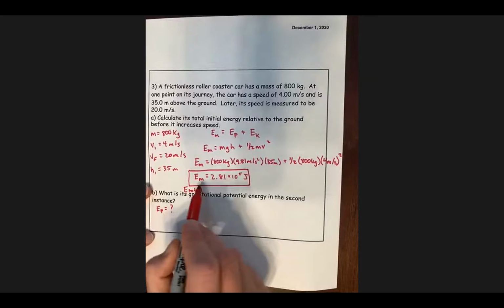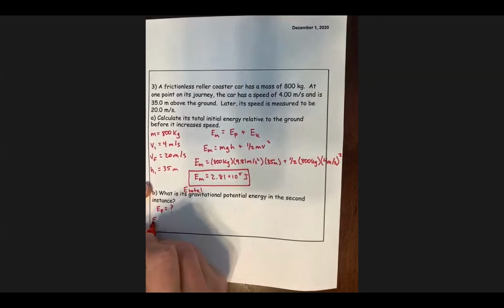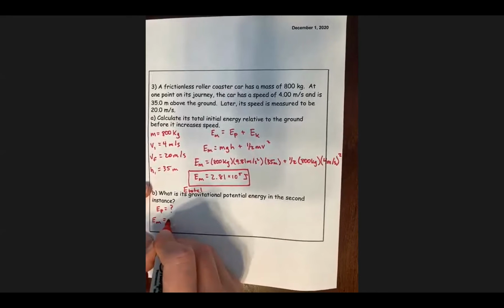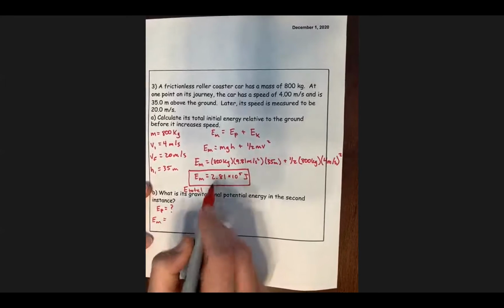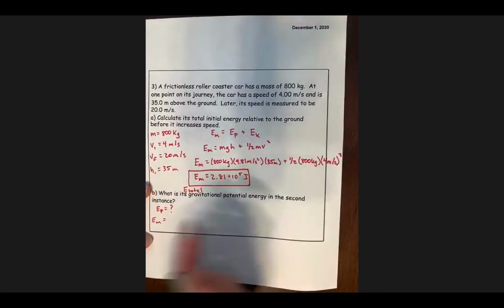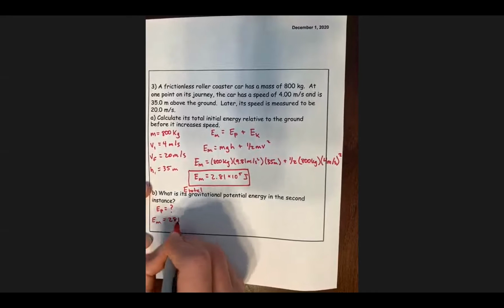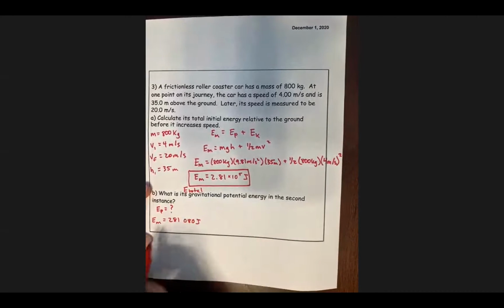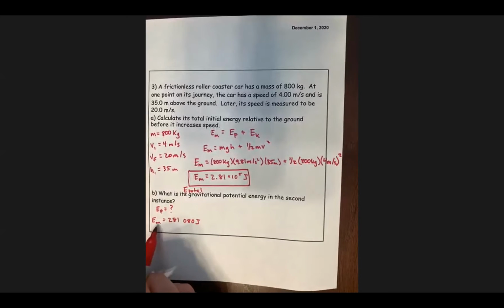So we know from last question that the mechanical energy or the total energy is equal to 2.81 times 10 to the 5 joules, but because we don't want to use our intermediates here, I'm going to write down the calculated value. So we'll have 281,080 joules as our mechanical energy or our total energy.